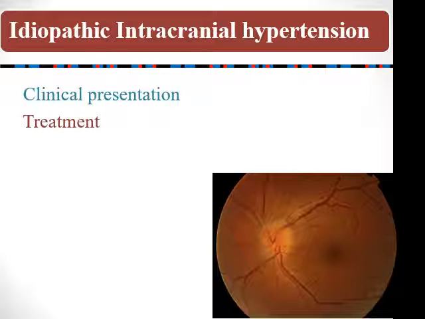Patients are treated through losing weight. Treatment is by acetazolamide and digoxin. Sometimes lumboperitoneal shunting is needed, or optic nerve fenestration.